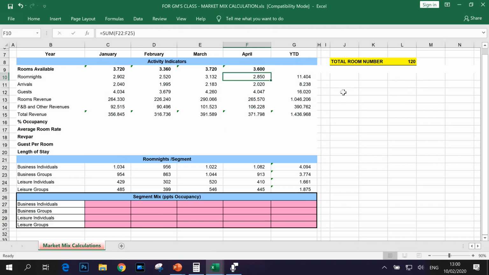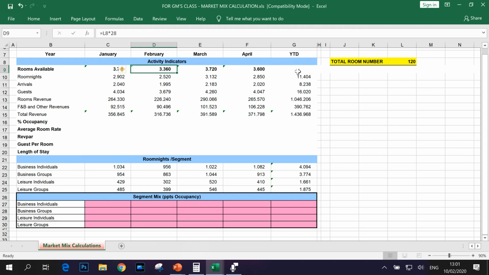So we have the number of rooms available for each month. January and March have the same room numbers available because of 31 days. And then April 3,600 from 30 days. And February a slightly lower number because we have only 28 days in the month.